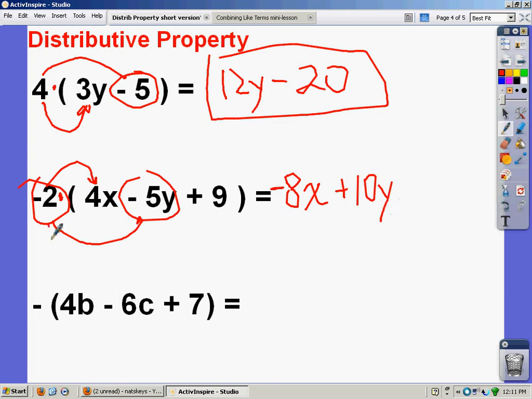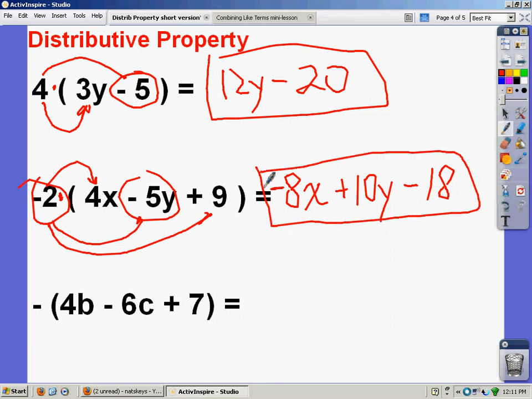And that last term, negative 2 times 9, is minus 18. So again, the skill is repetitive. You repeat this process to each single member inside the parentheses. At this point, there's nothing you can simplify because none of these terms are like terms. So you put a box around it. That basically signifies you're done.